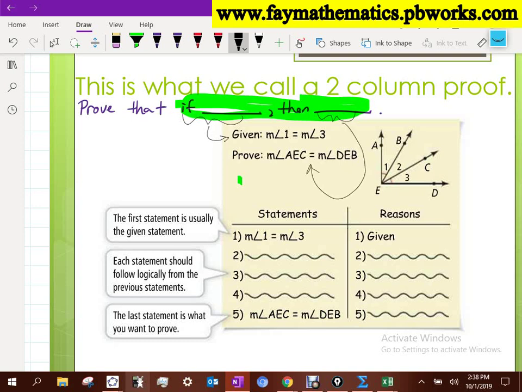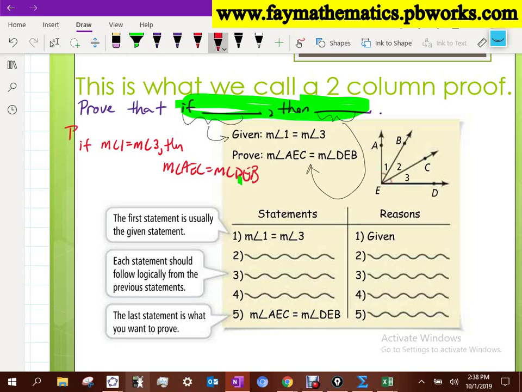This then is going to be our proof. In this particular question, we're going to walk through this proof later on. It's one of those other slides on that handout. The way this would be provided, it would say, if measure of angle 1 equals measure of angle 3, then measure of angle AEC equals measure of angle DEB.